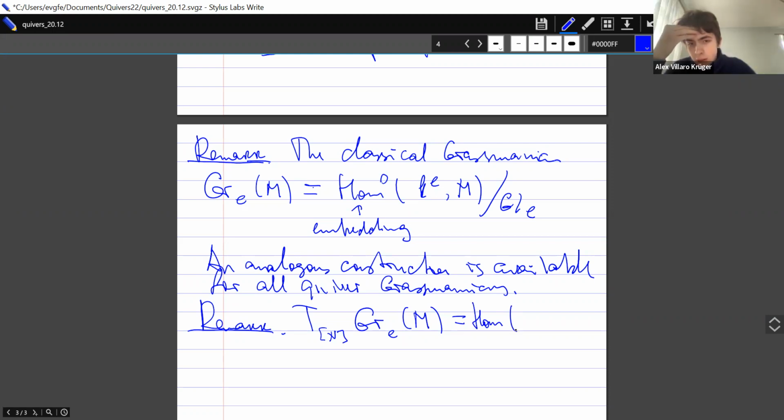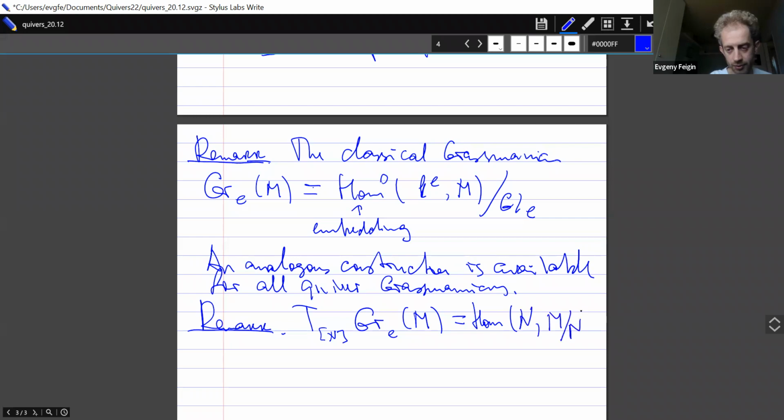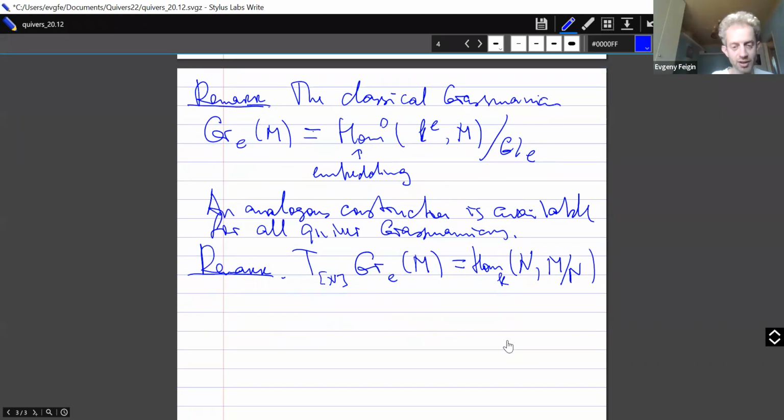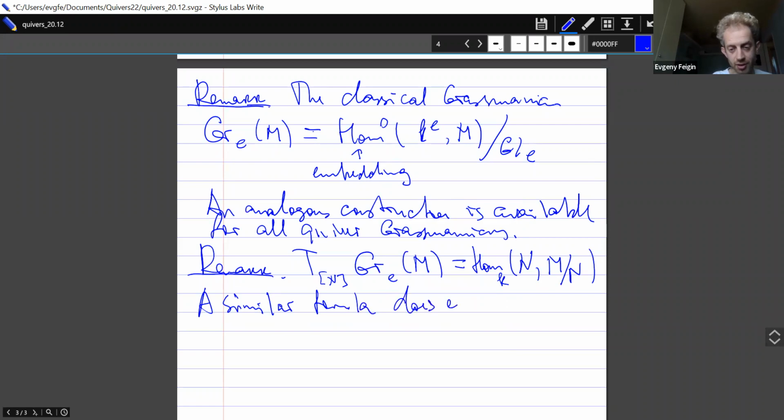The tangent space comes from Hom from N to M modulo N. These are just Hom spaces over K, linear maps. And again, a similar formula does exist in the general setup.